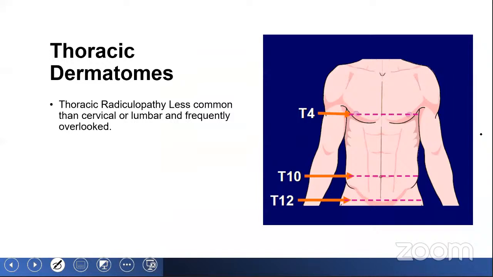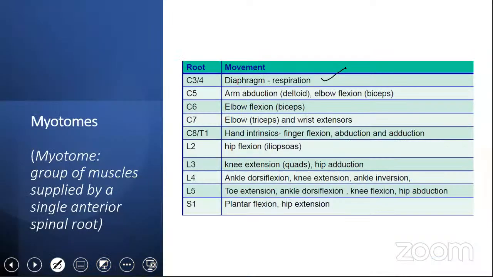So in the upper limbs, we have seen the movement of diaphragm is C3, C4, arm abduction, elbow flexion, biceps, elbow flexion is biceps, elbow extension is triceps, and wrist extension is also C7, C8, T1 hand intrinsic muscles, L2 hip flexion, knee extension, hip adduction is L3, ankle dorsiflexion, knee extension, ankle inversion.